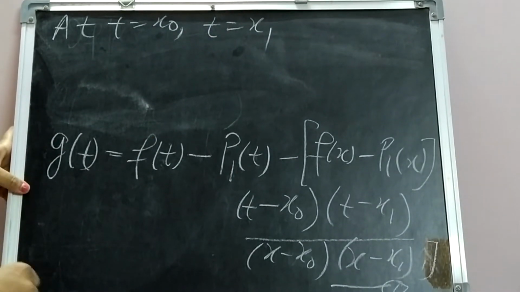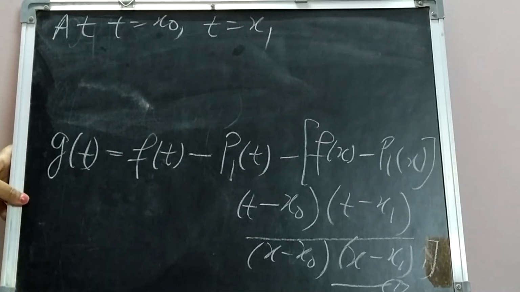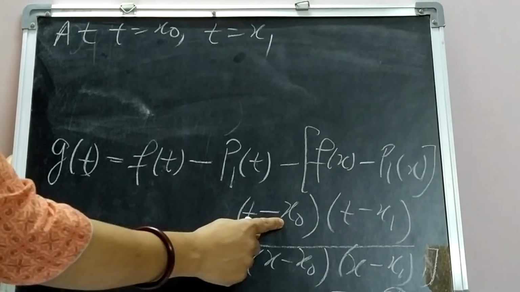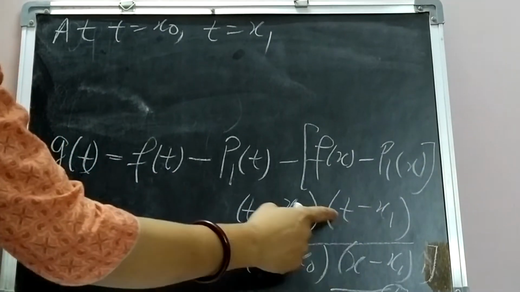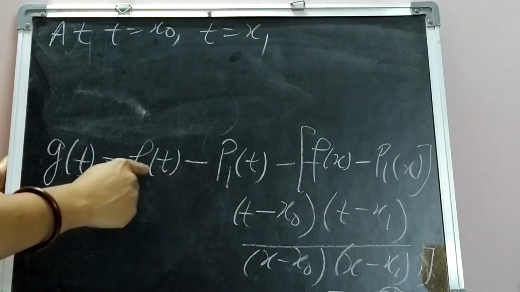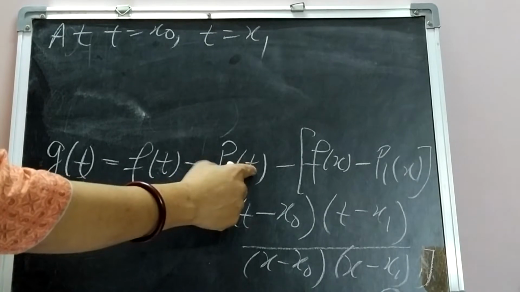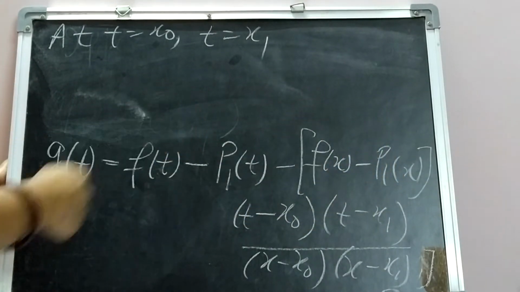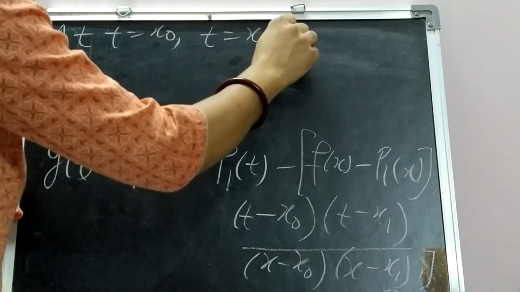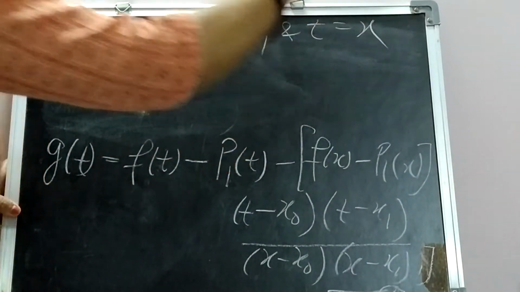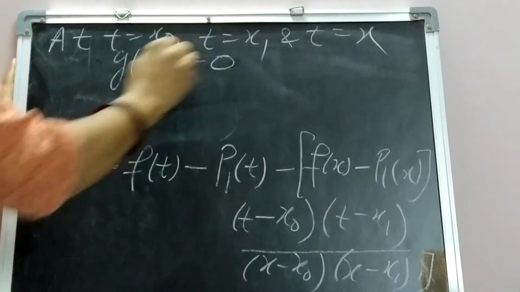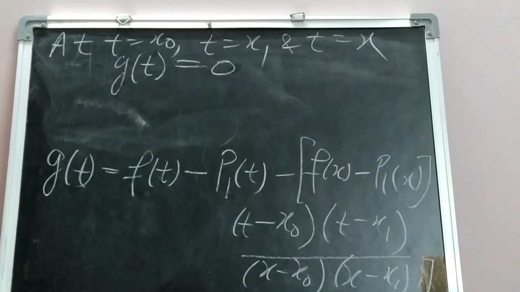Now if we take t equal to x, we get (x - x0)(x - x1) in the numerator and denominator, which cancel out, and we get f(x) - p1(x). This will cancel with the other term and we get 0. So at t equal to x0, t equal to x1 and t equal to x, g(t) will be equal to 0.